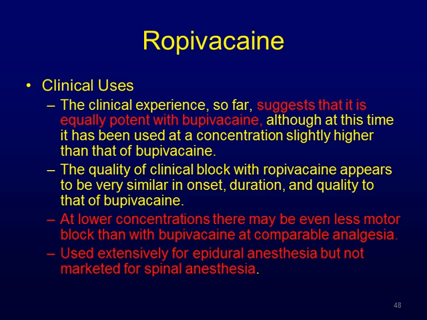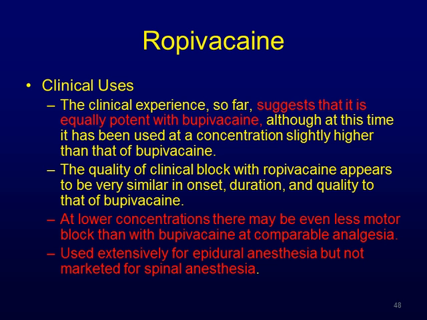Now, when you give Naropin, it has equal potency to Marcaine. There's some evidence to show that when you use it for analgesic concentrations versus anesthetic concentrations, you get a better sensory block with less motor involvement.